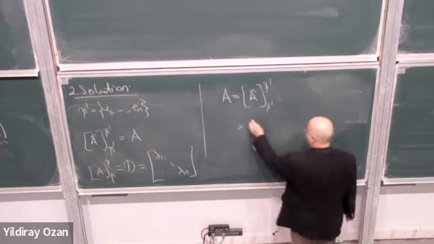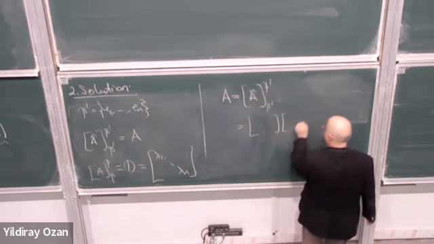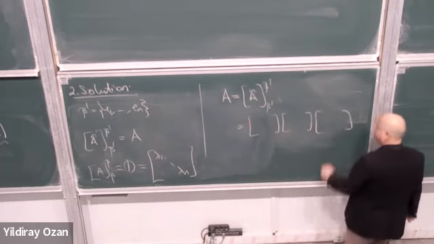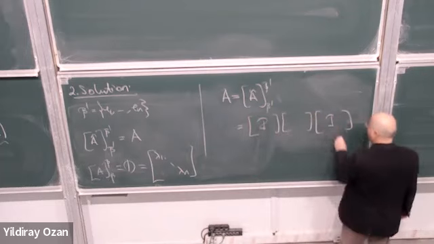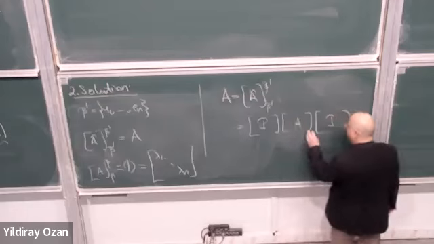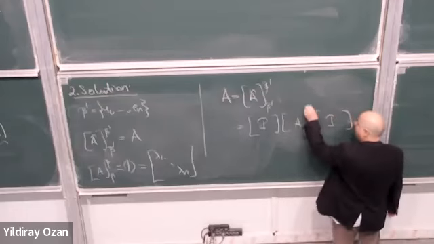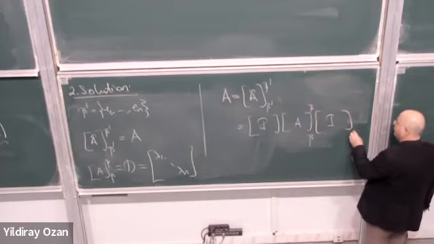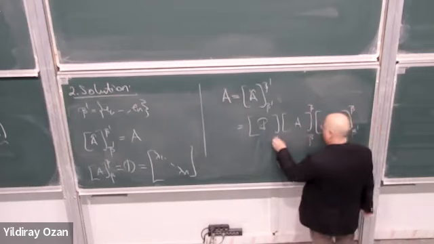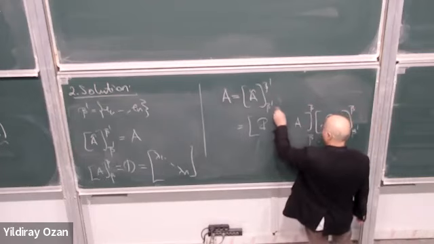And we know that it can be obtained like this. Here I write identity, and here I write A, and here I have beta to beta, and then here we have beta prime to beta, beta to beta prime.